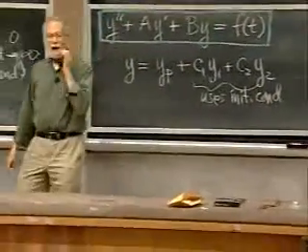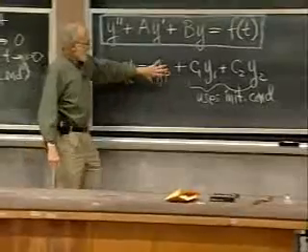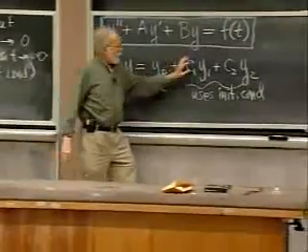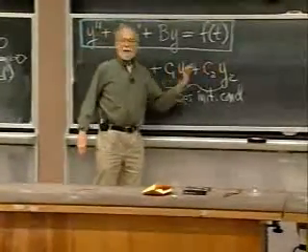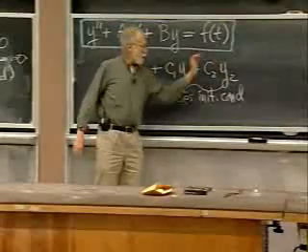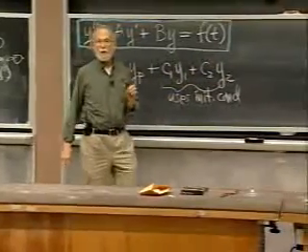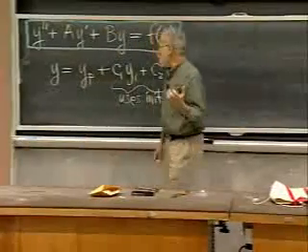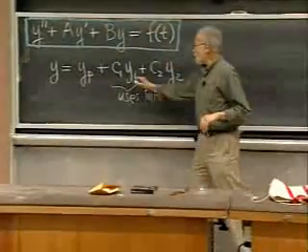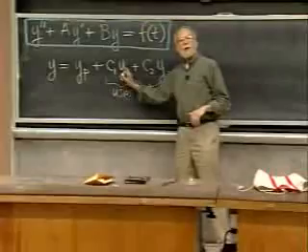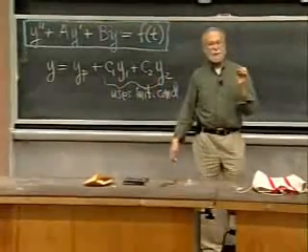Therefore, if I want to say that the solutions look like a steady state solution plus something which dies away, which becomes less and less important as time goes on, what I'm really asking is, under what circumstances is this part guaranteed to go to zero?